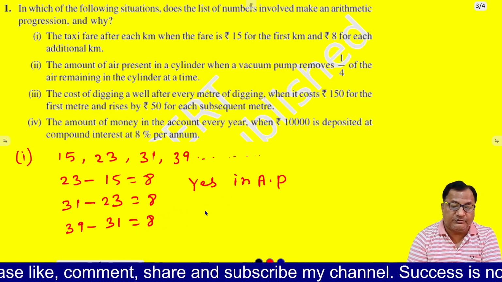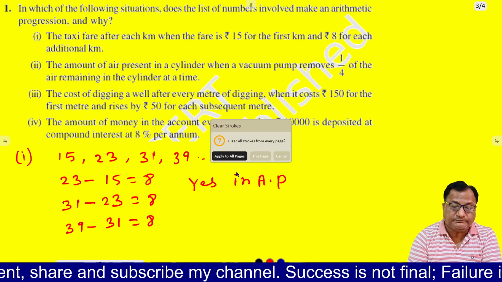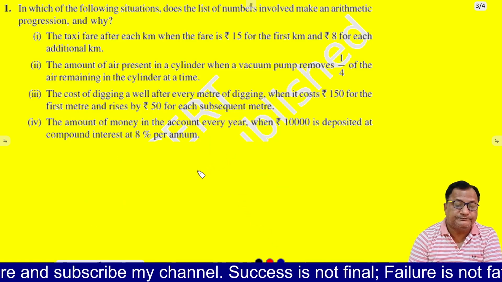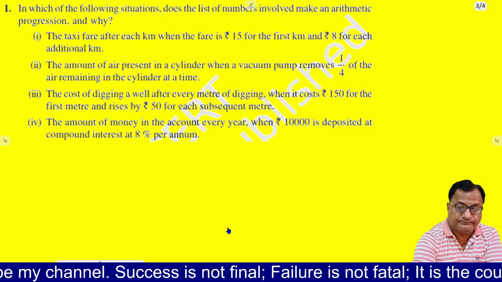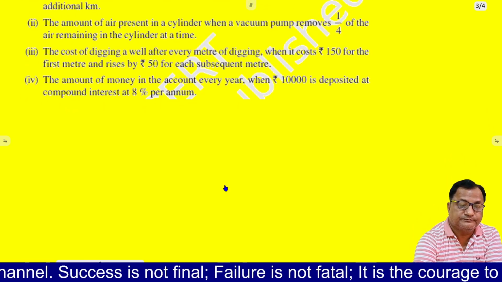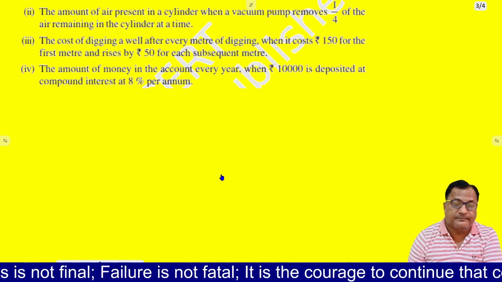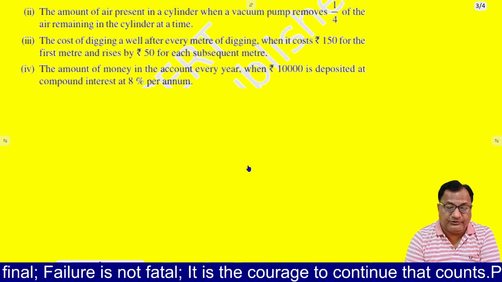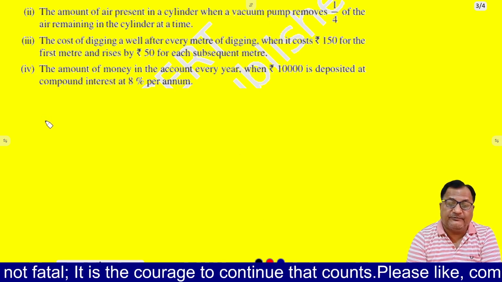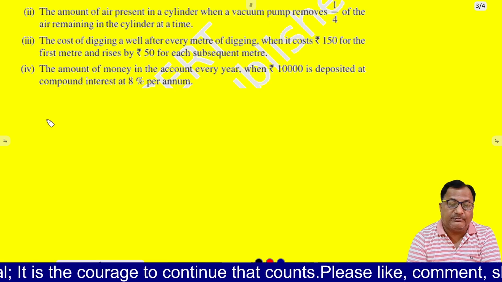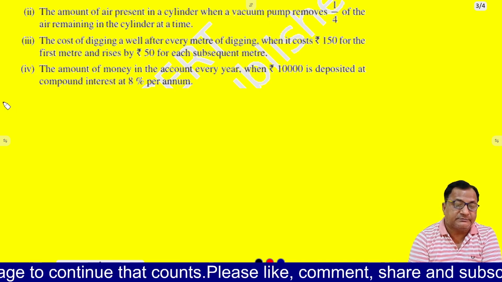Now see question number 2. Question number 2 is the amount of air present in a cylinder when a vacuum pump removes 1/4 of the air remaining in the cylinder at a time.